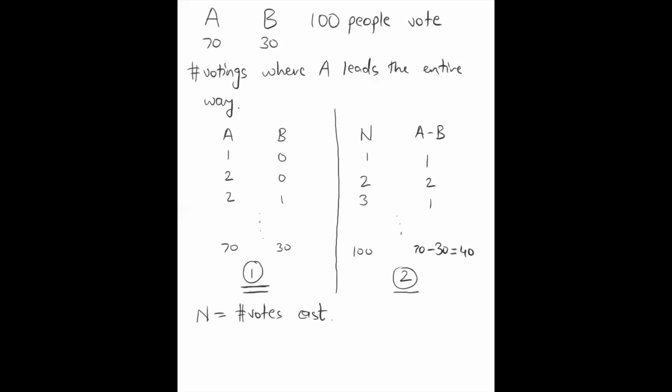Then you should be able to produce a unique sequence of N and A minus B. And it goes the other way also. If I give you the data for N and A minus B, then that should give a unique sequence of A and B, a unique scorecard, a unique thing of this first type.